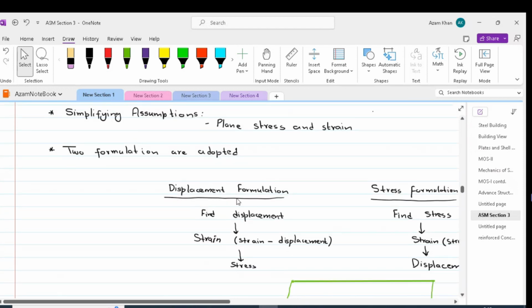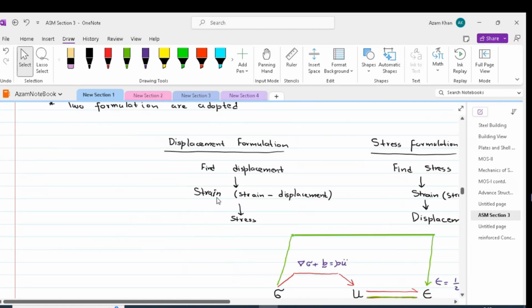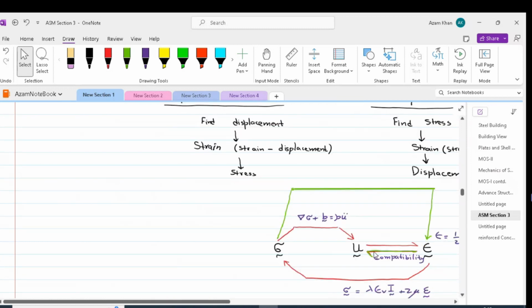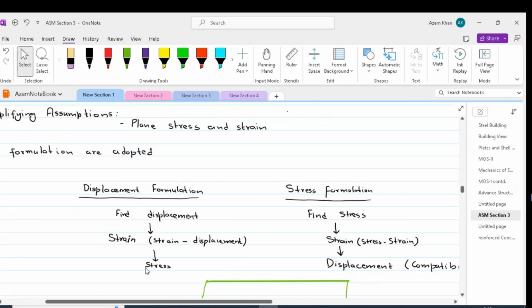The first formulation is the displacement formulation, in which we start from the displacement of the body, find the strain using the strain equation shown over here, and after that, we work out our stresses. So we start from displacement, find the strain, and then use the constitutive equation to find the stresses, and that works out all the unknowns within the body.